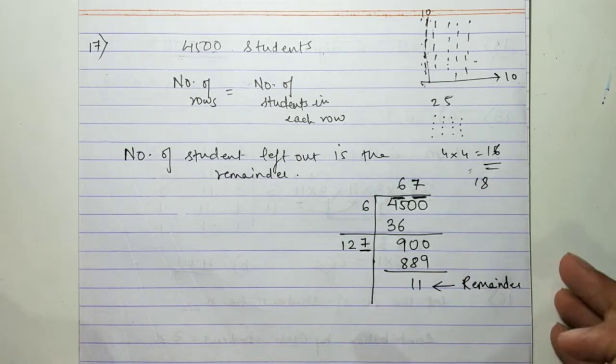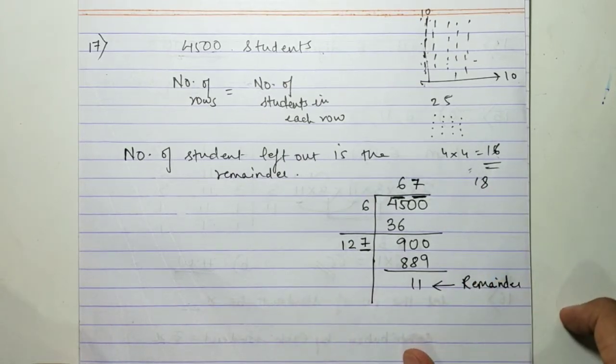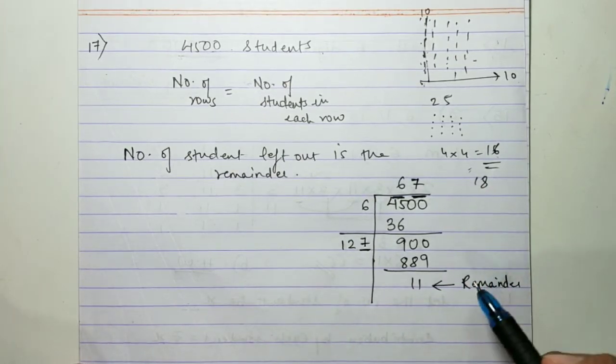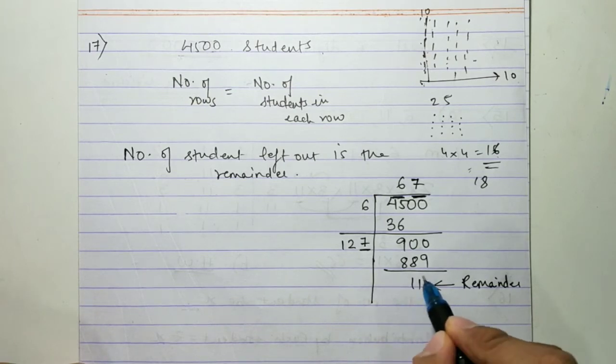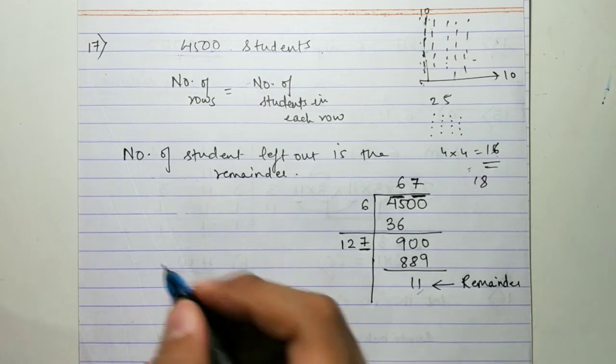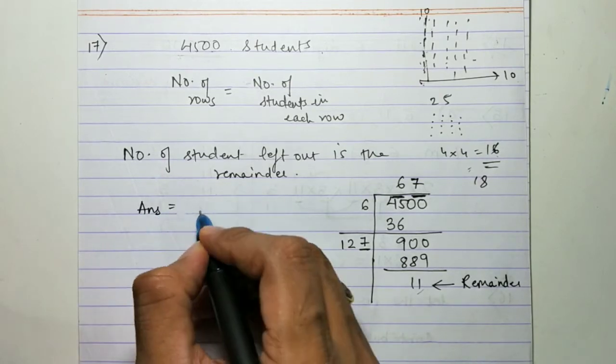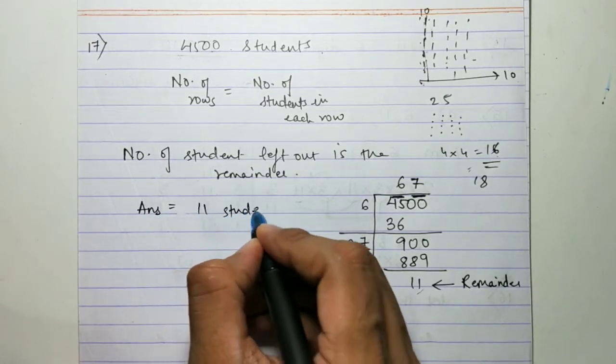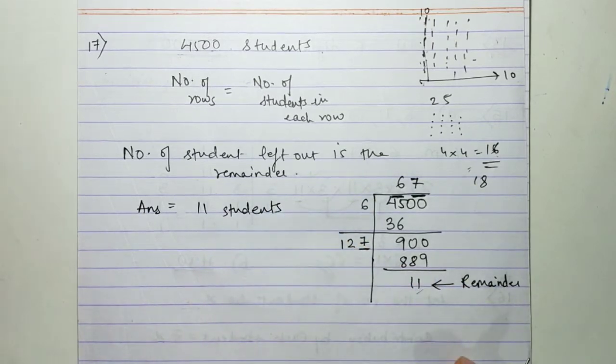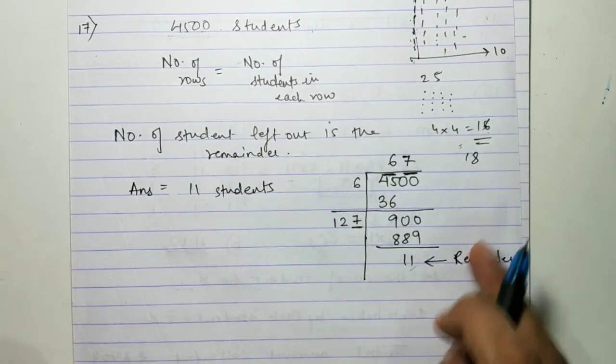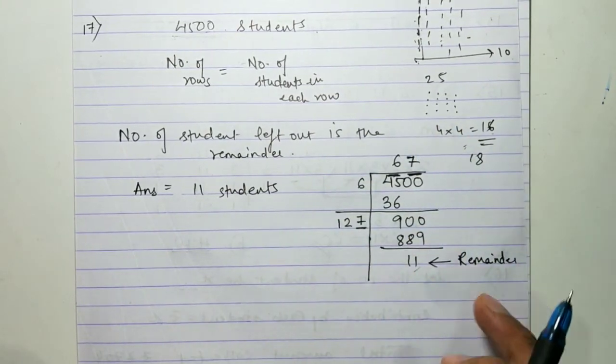So, not to break the sequence, I have solved the sum here. This is how you get a remainder in long division method. So this remainder is your answer. So your answer is 11 students are left out. We will be doing this type of long division method later on. Don't worry, just copy it as it is.